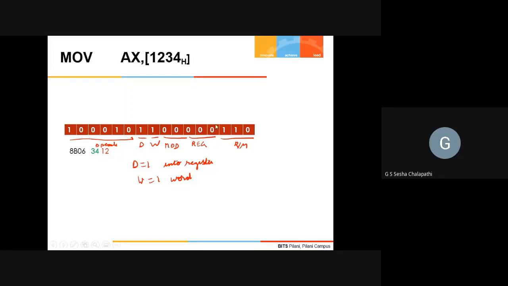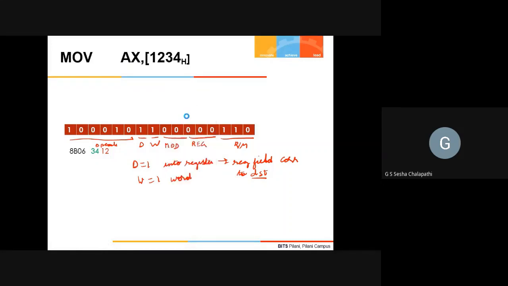Whenever D is equal to 1, the reg field corresponds to the destination. So your destination register is AX. Now the reg field should be AX.